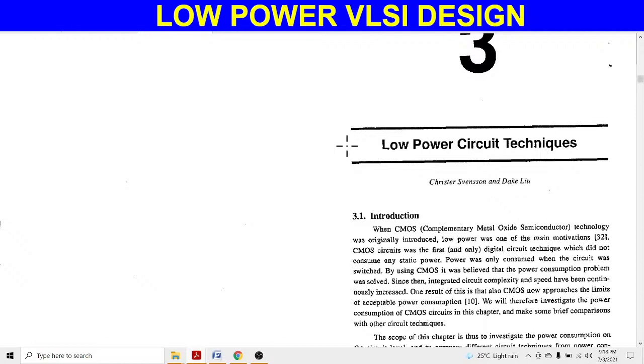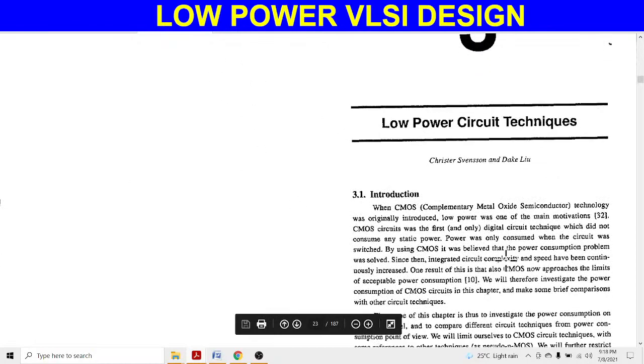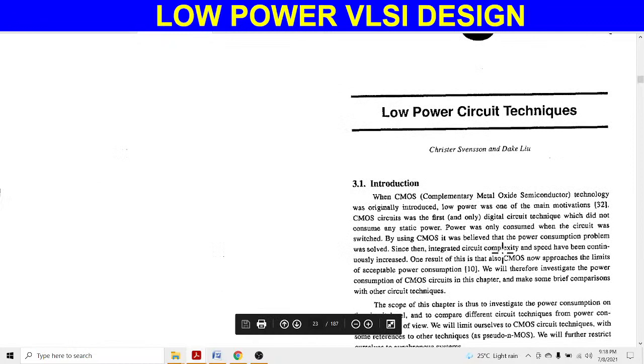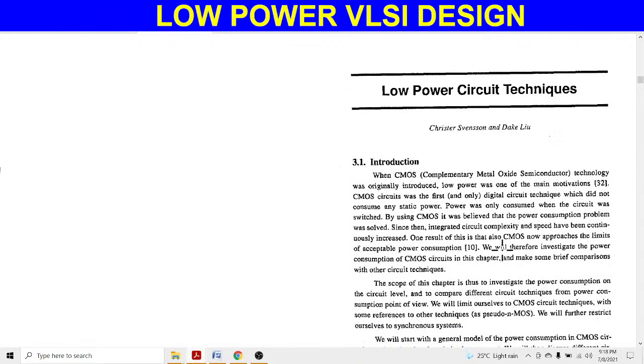So in a CMOS circuit, the static power dissipation does not occur. We already discussed the types of power dissipation. There are basically two types: dynamic power dissipation and static power dissipation.